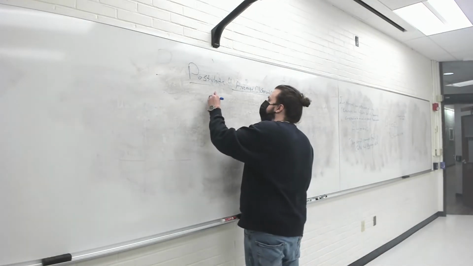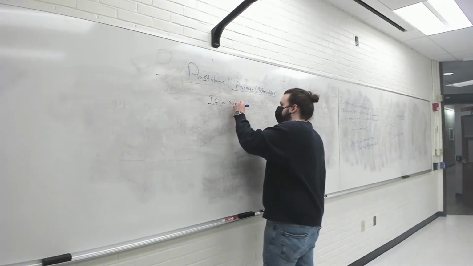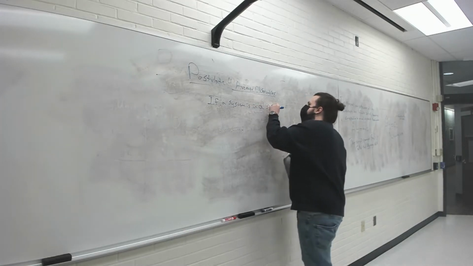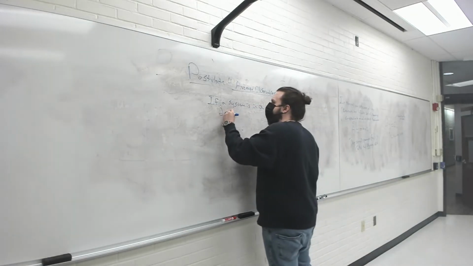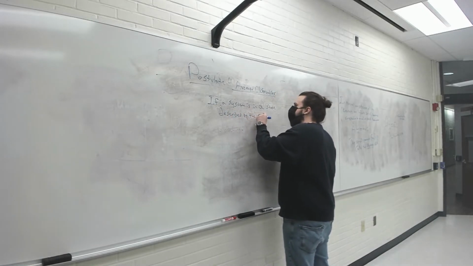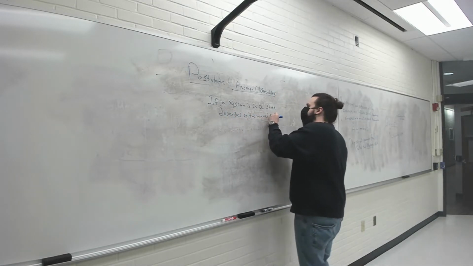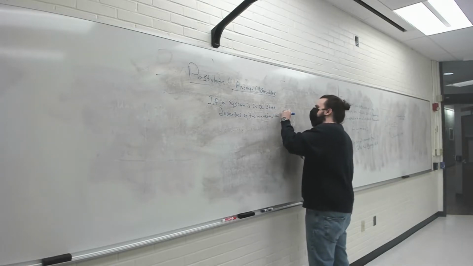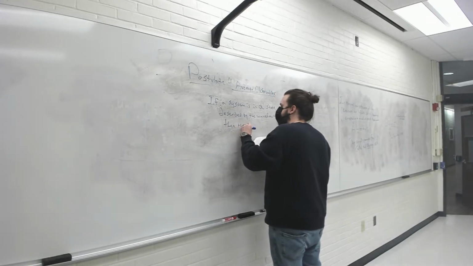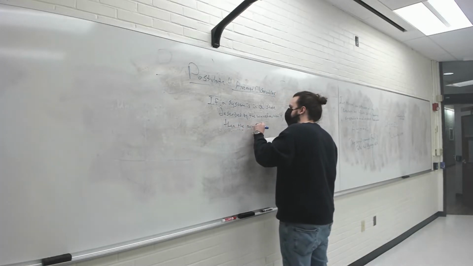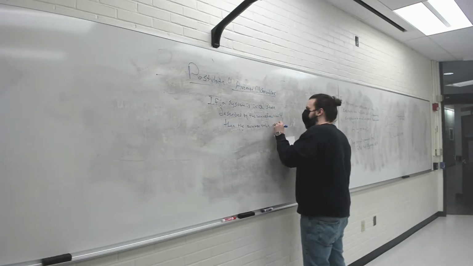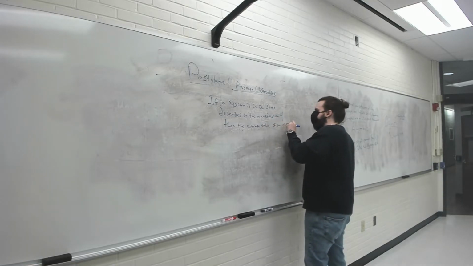So if a system is in a state described by the wave function psi, then the average value of an observable, like its position, has a very simple formula.